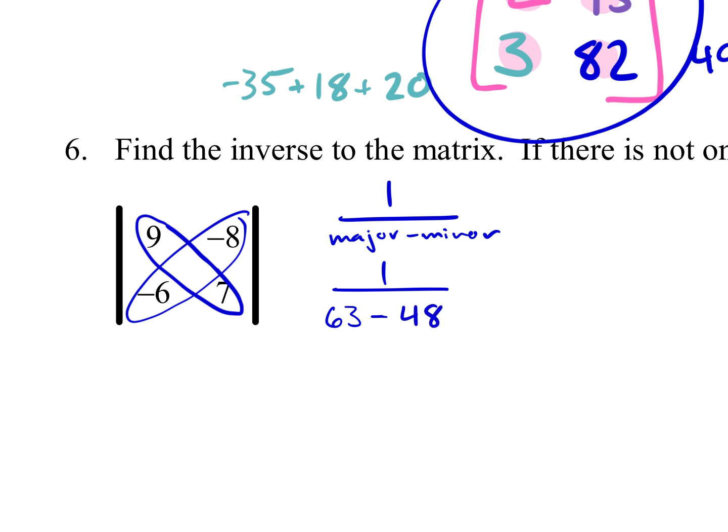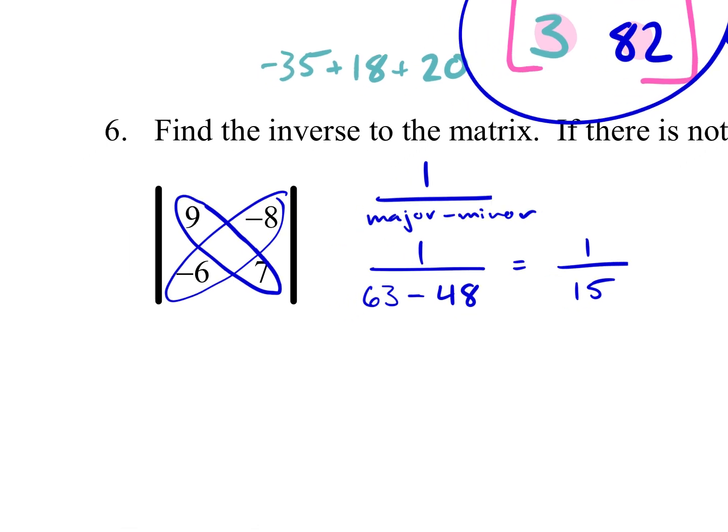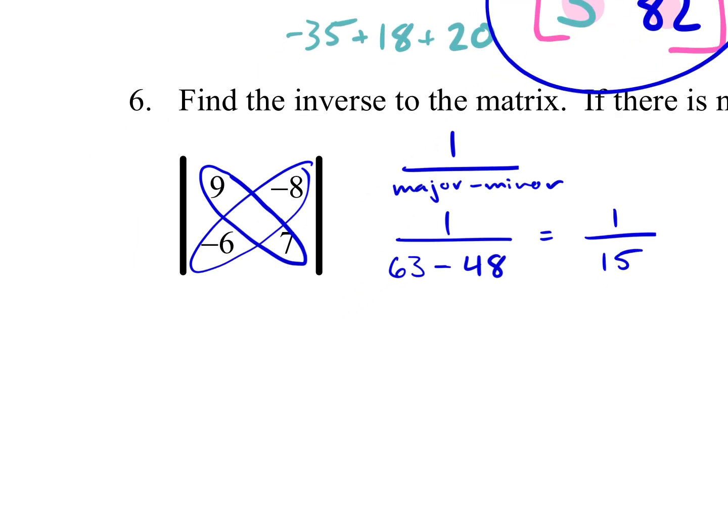Perfect. And 63 minus 48? Awesome. 15. Positive 15. So we get 1 over 15. So that's going to be our scalar.